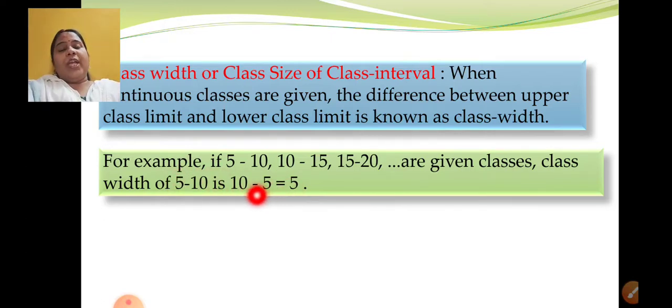So if I give you any classes and I ask you to find the width or the range or the class size, what you have to simply do is subtract the upper and the lower limit and get the answer. I hope this new concept is understood to you. Write the definition along with the example. And you can even write the formula. Class width or class size is equal to upper limit minus lower limit.